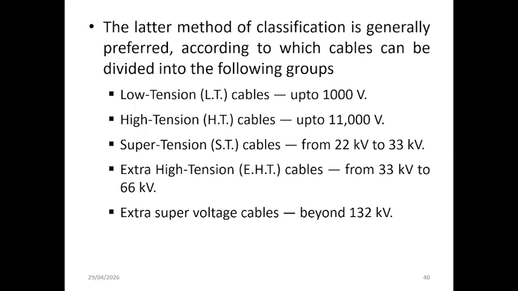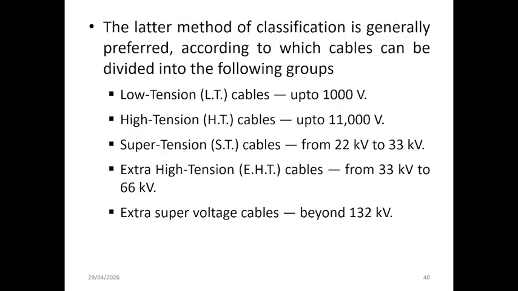So this slide presents the classification of underground cables based on voltage levels, which is the most commonly used method. Low tension cables are designed for voltages up to 1000 volt, while high tension cables operate up to 11 kV.